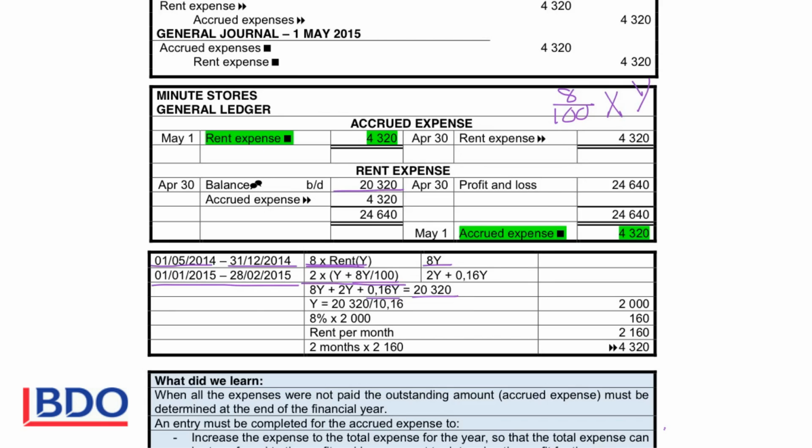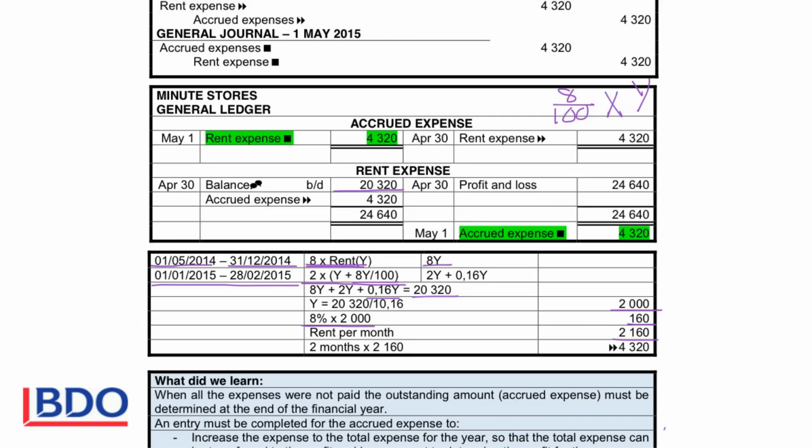So if we divide that, we see that Y equals 2,000. Now remember, Y is before the increase. So on that 2,000, there was an 8% increase that will give you 160 rand. So the rent per month is 2,160.